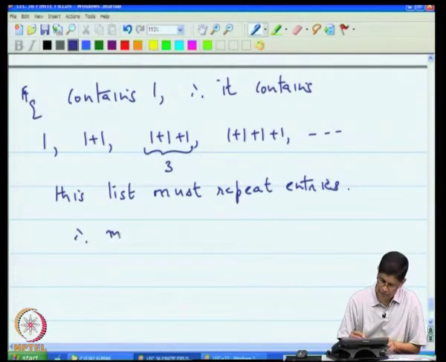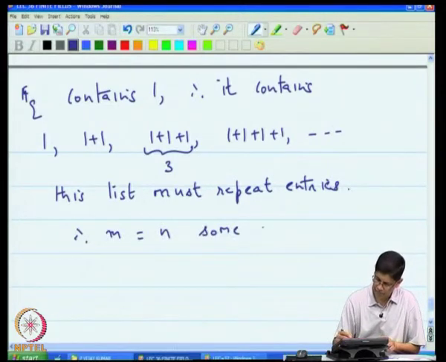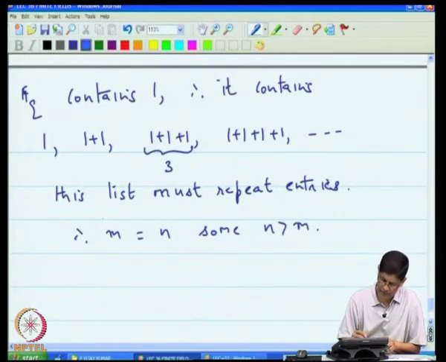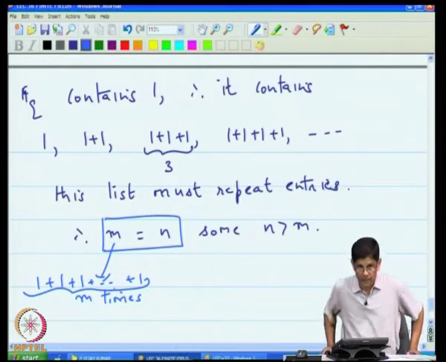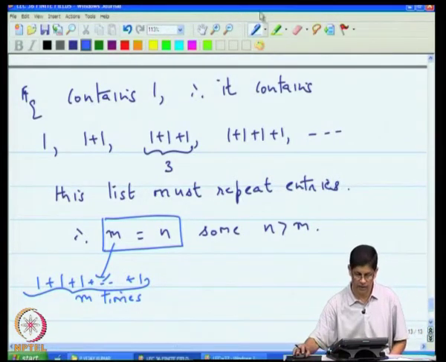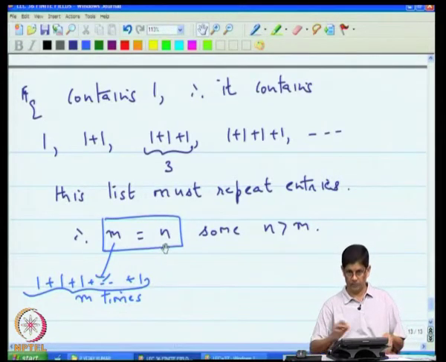Therefore, m is equal to n for some n greater than m. Now, what do I mean by m? m simply means 1 plus 1 plus 1 plus 1, m times. That is what we mean when we say m. And similarly, when I say n, what I really mean is 1 plus 1 plus 1 plus 1, n times.